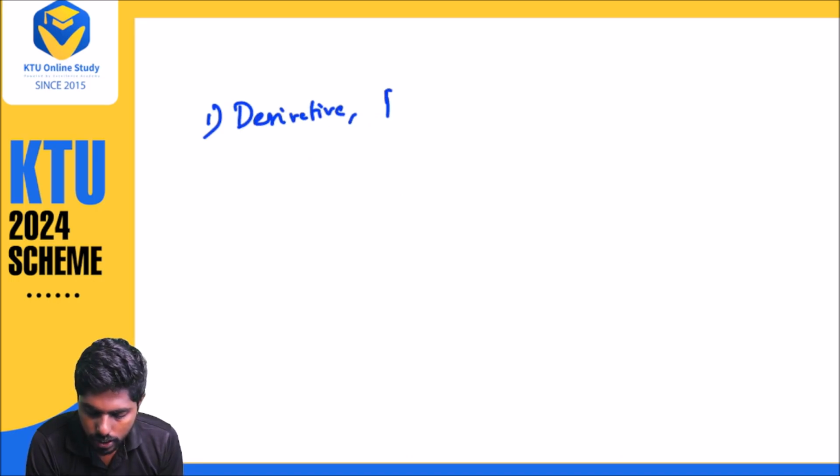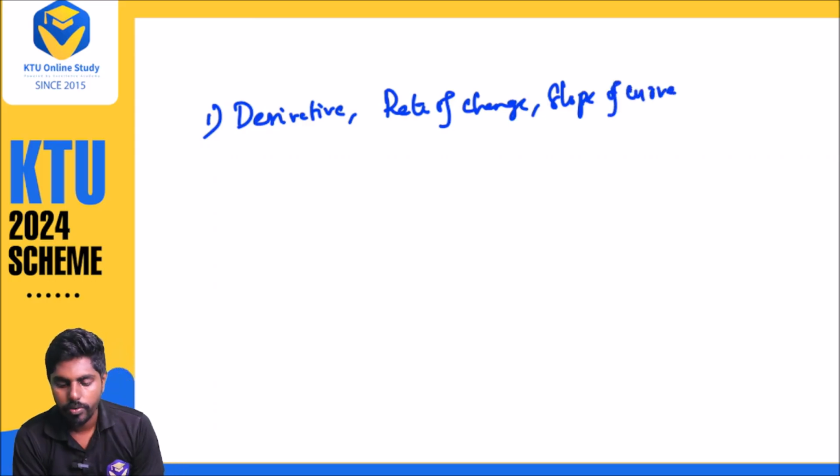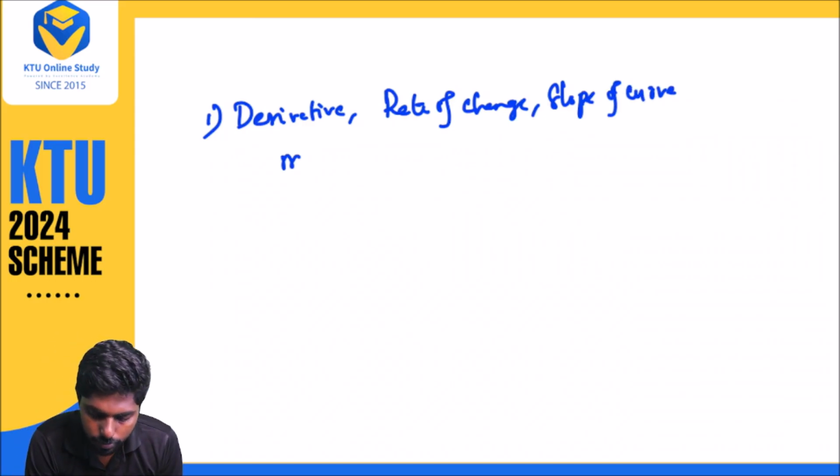So what are the topics we have covered till now? Number one, we have covered derivatives, that is rate of change, the slope of the curve. The slope of the curve is m, that is nothing but m is equal to dy by dx.